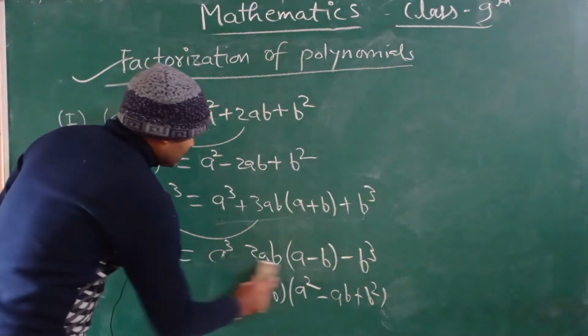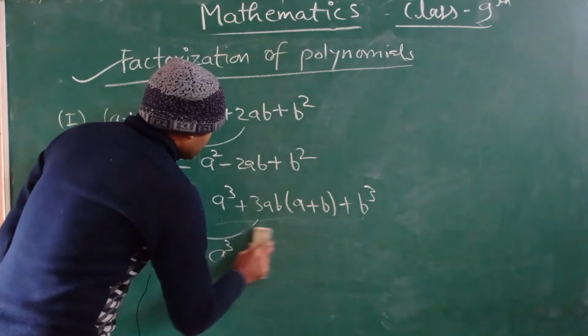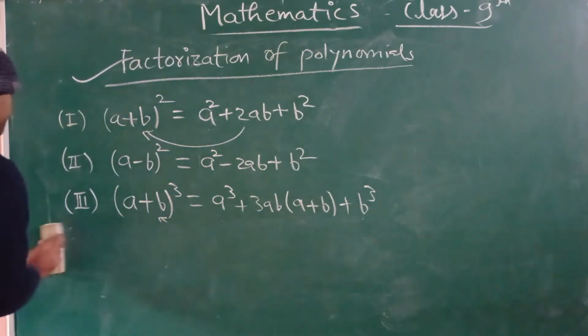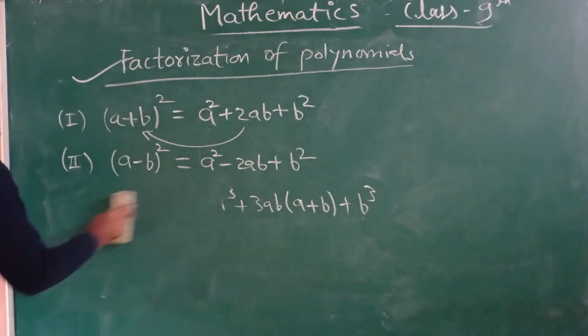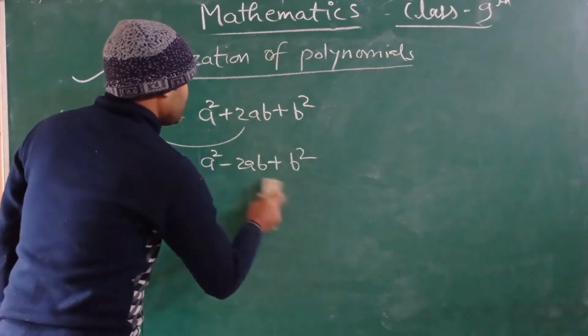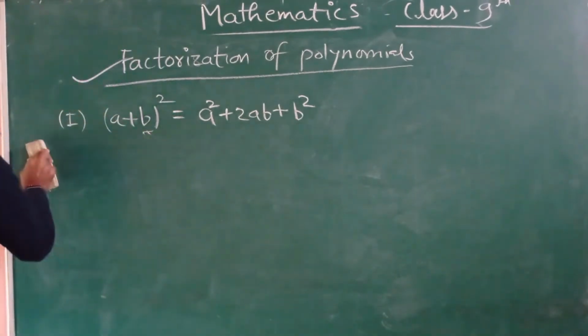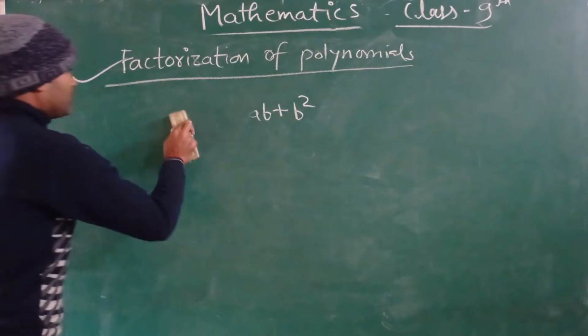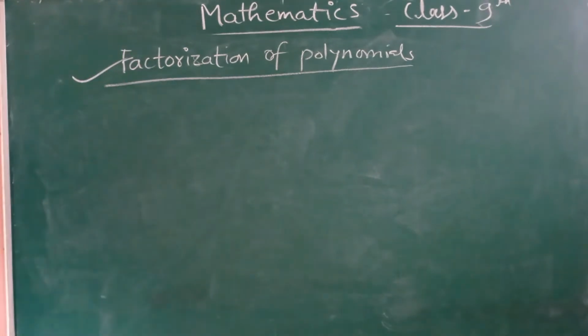Now the sixth formula is about a cube minus b cube, or factors of a cube minus b cube.